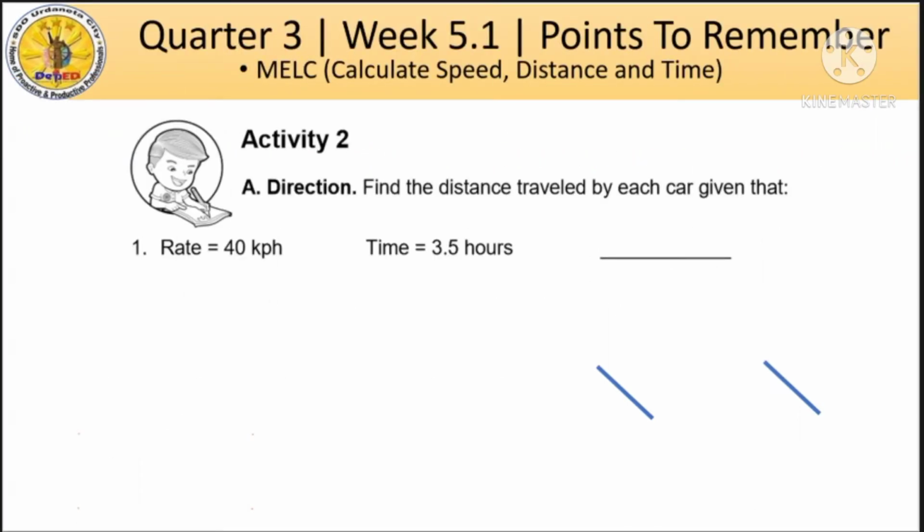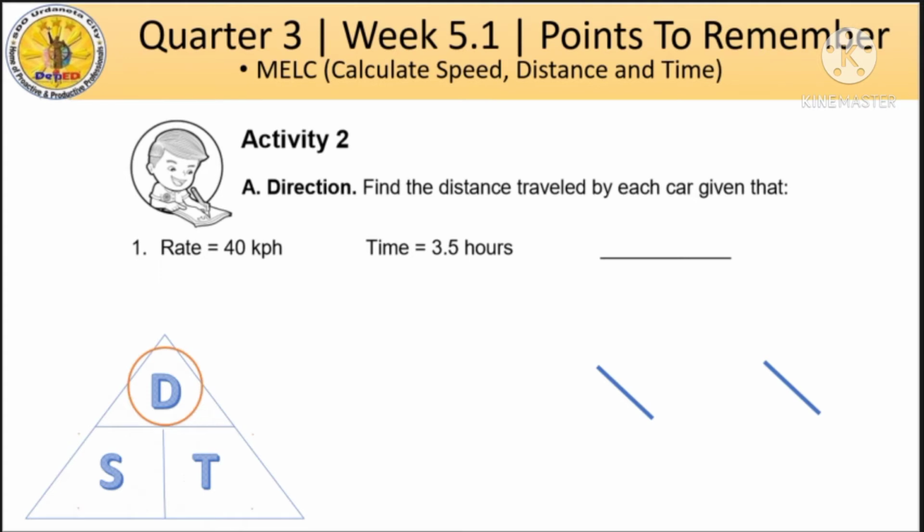So let's have an example for distance. For activity number 2 on page 35, we need to compute for the distance. In number 1, the rate or speed and the time are both given. We need to compute for the distance. Based on the magic triangle, our formula will be distance is equal to speed times the time.